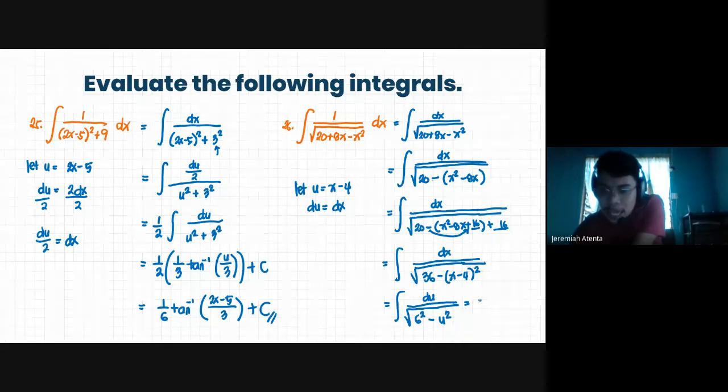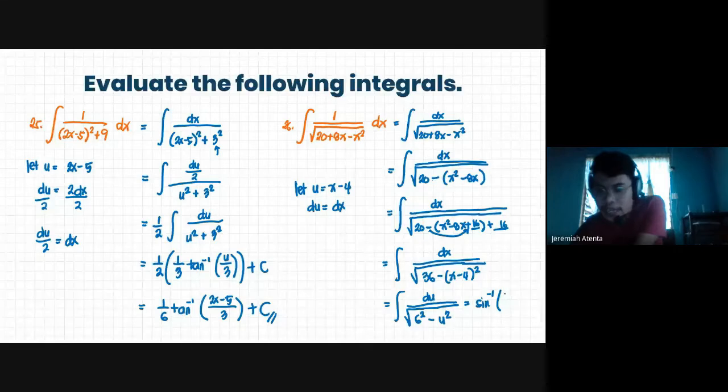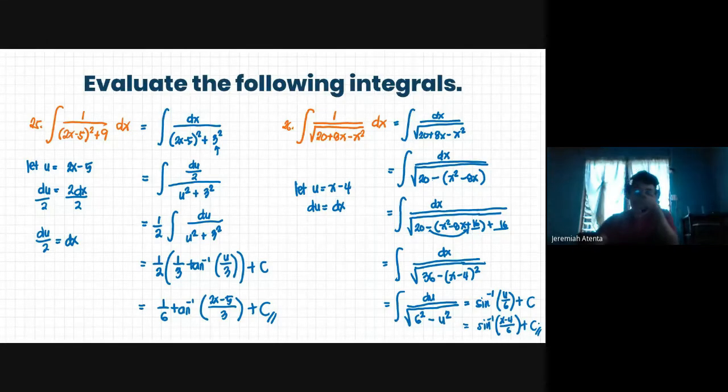This is just sine inverse of u over a. So you have u over 6 plus c, or this is just sine inverse of (x minus 4) over 6 plus c.